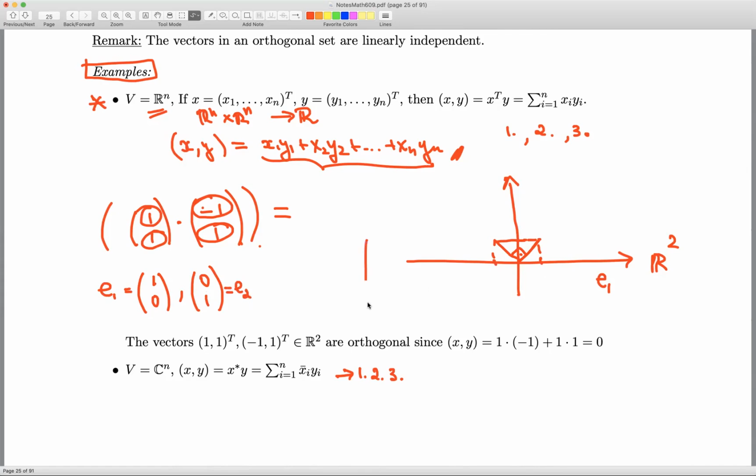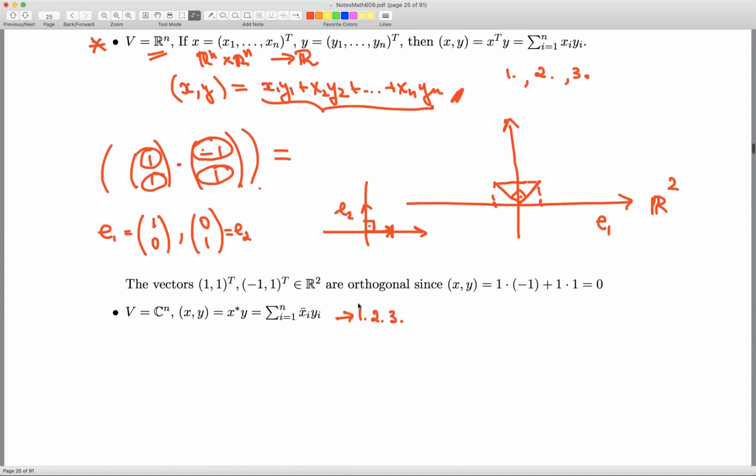And we know that these two vectors are perpendicular. So in this particular case, it coincides with our intuition and our understanding of what orthogonality is from our geometry class, for example.